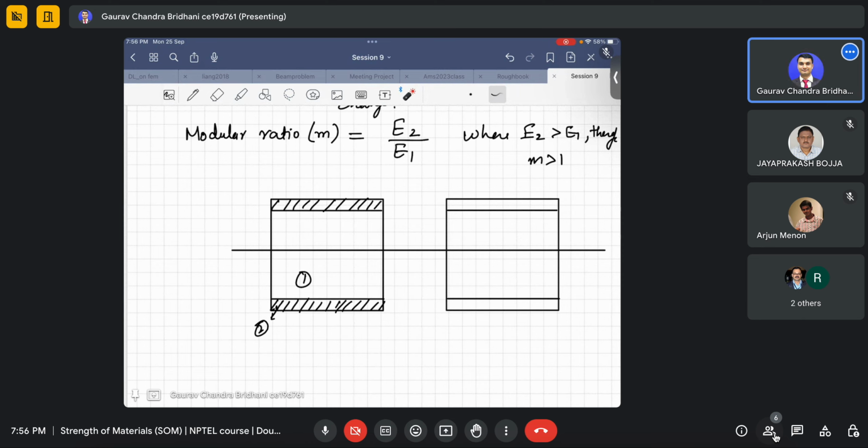So we need to find how much area of material 1 will exert the same stresses, or the same force, as the stress taken by this area of material 2.